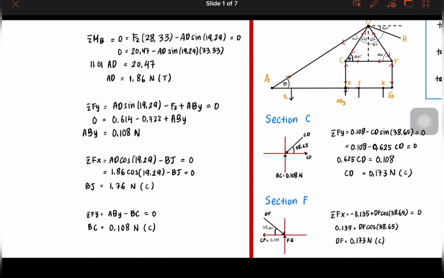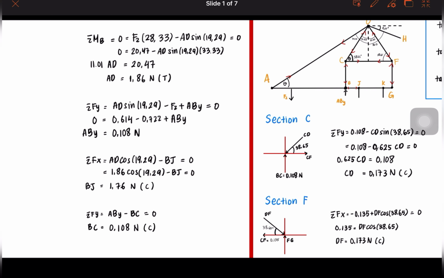For sigma Fx equals 0, we know CF and we need to find DF, same as section C. CF is negative since it's going away from the pin, and DF, since it's going towards the pin, is in quadrant 1, so it's going to the positive x-axis. Now we get DF is 0.173 Newton, compression.